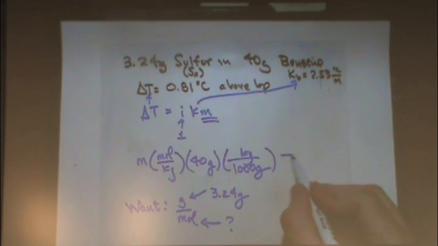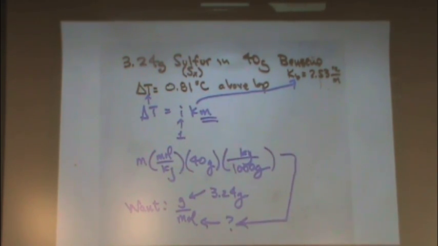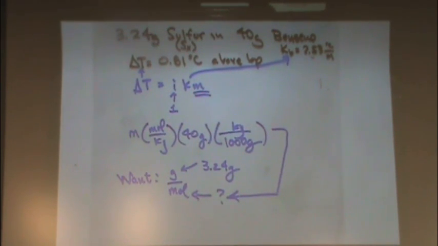So this will give me moles, which will go right there. Now look at your periodic table. Sulfur is 32 grams per mole. So my answer better be a multiple of 32. If my answer is 32, there's 1 sulfur. If it's 64, there's 2 sulfurs, etc. Is that okay? Yeah. Okay, cool.